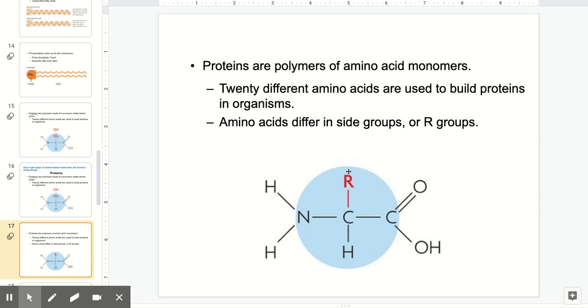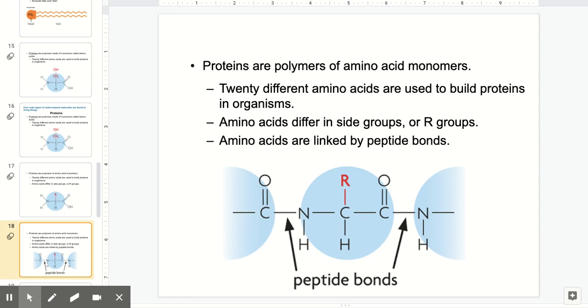If you notice from the last slide to this slide, we have this R here. That R means the group changes depending on what amino acid is present. Oftentimes when we're drawing out a protein, we just use a circle to represent the individual amino acids strung together.